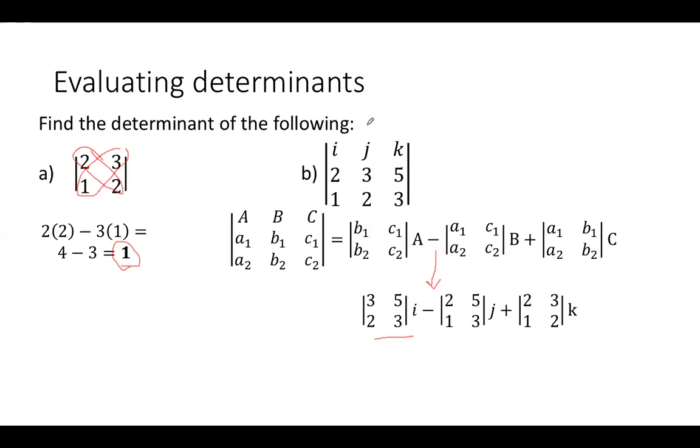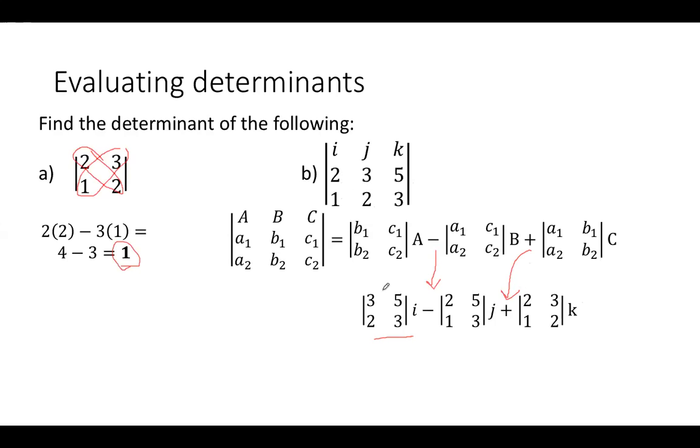Then we ignore column j and use the numbers in columns i and k, so 2, 1, 5, 3 times j. Then plus in between. Lastly, I ignore column k and focus on i and j, so 2, 1, 3, 2 times k.